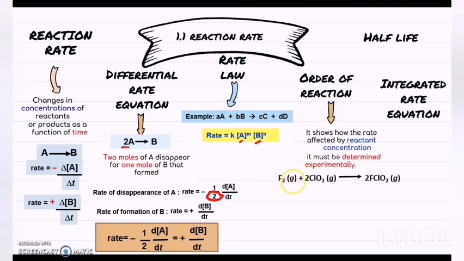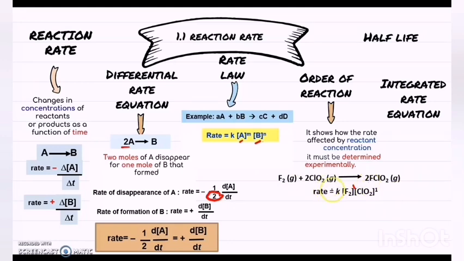I have this equation as a balanced equation, and the rate law for this reaction I write as rate equal to k [F2] to the power of 1 [ClO2] to the power of 1. How do I get the values 1 and 1 here? They are from experimental values, and they are not the coefficient values from the equation.